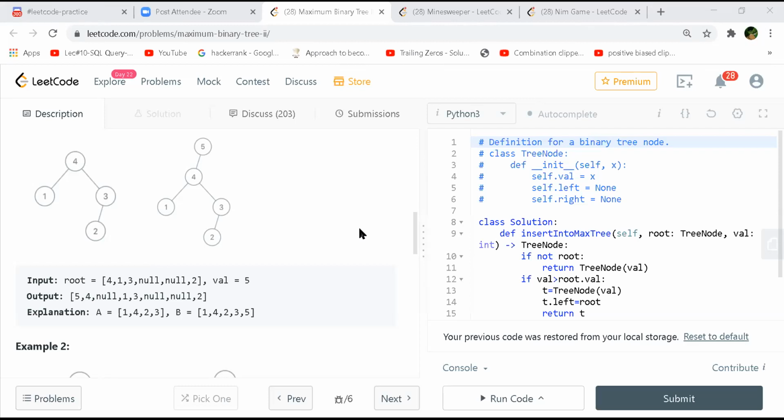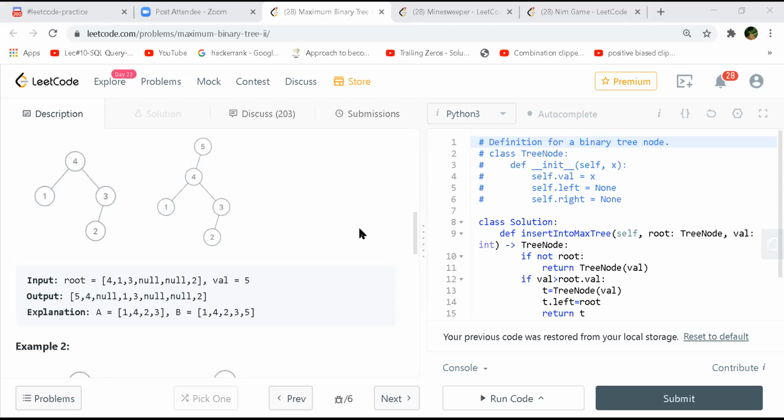There would be no warranty that the max on the left subtree will be larger or smaller than the max on the right subtree, right? They don't mention that.